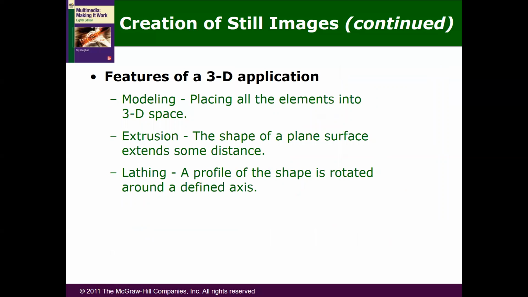Features of 3D application: modeling, where you are placing all the elements into a 3D space. When you talk about modeling, it's just about you coming up with a model, that means a representation of something that may be real. Extrusion: the shape of a plane surface extends some distance. We have shapes that extend some distance, either perpendicular to the shape's outline or along a path.